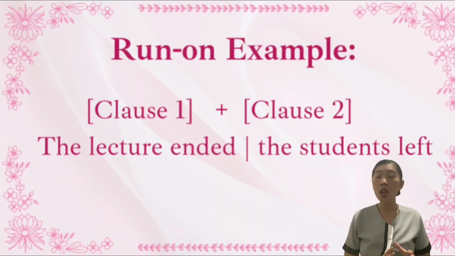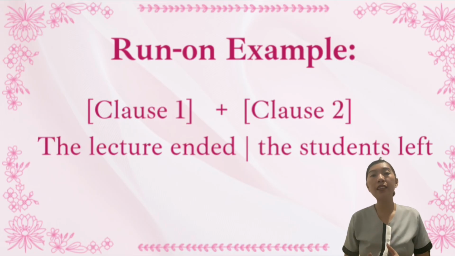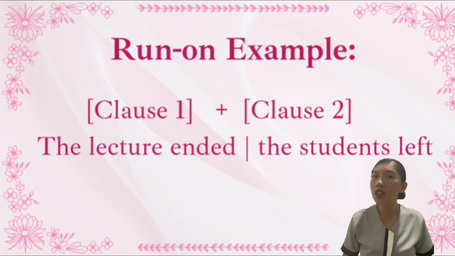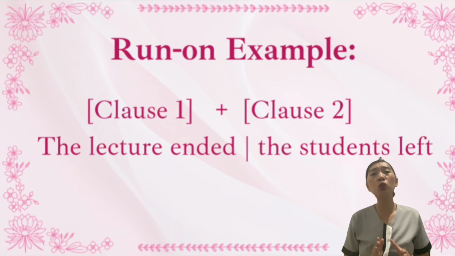If you have two, you must join them properly. So, example: the lecture ended the students left the room. Read it aloud. Sounds breathless, right? Because there's no punctuation. This is what we call a run-on.